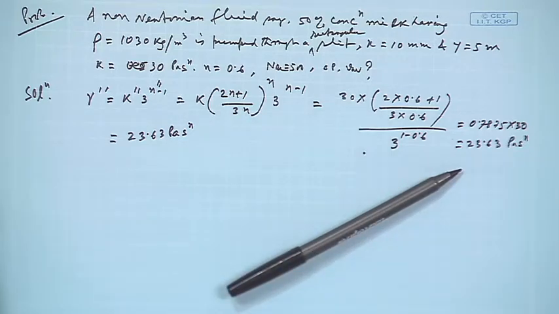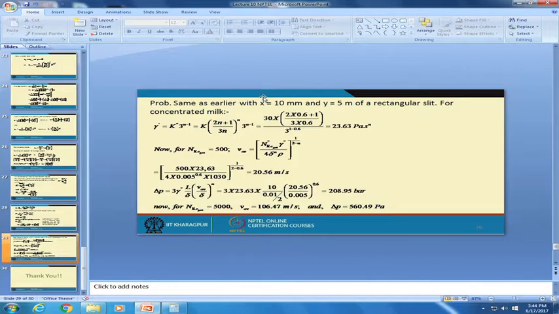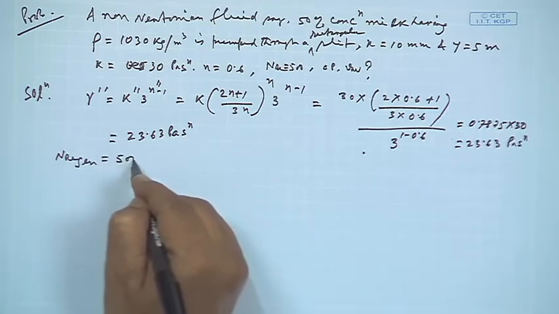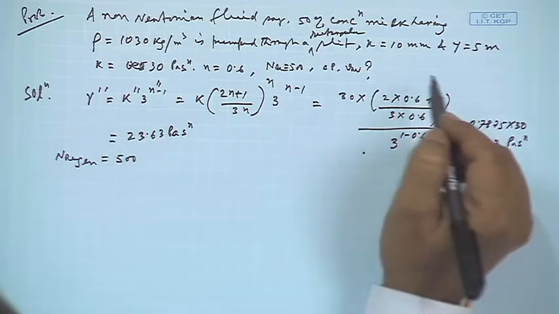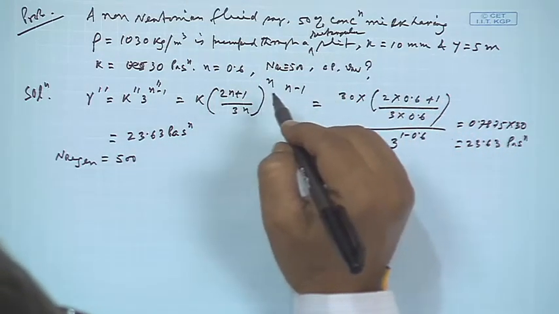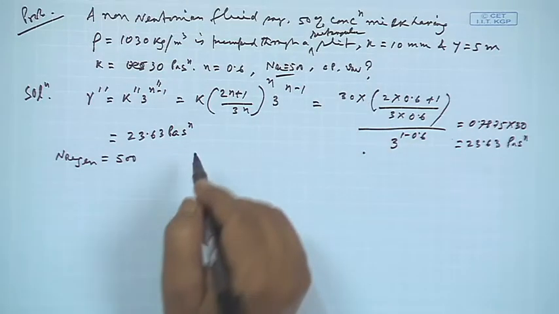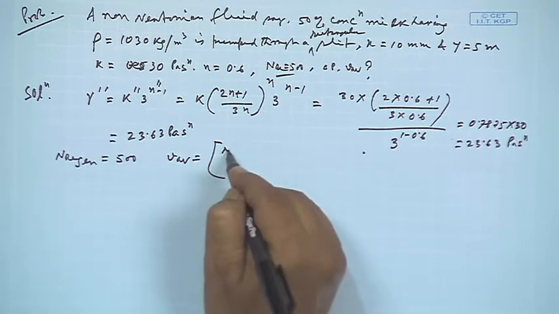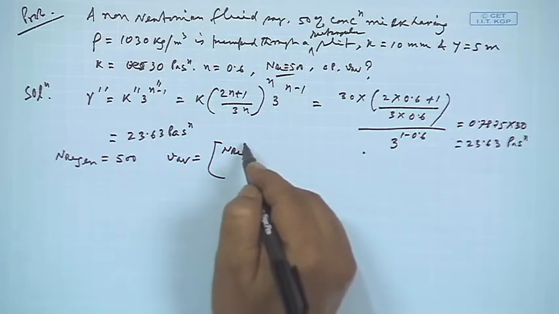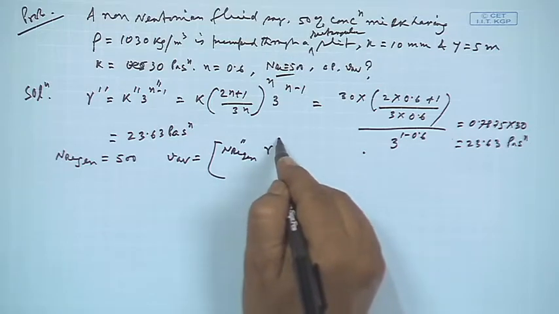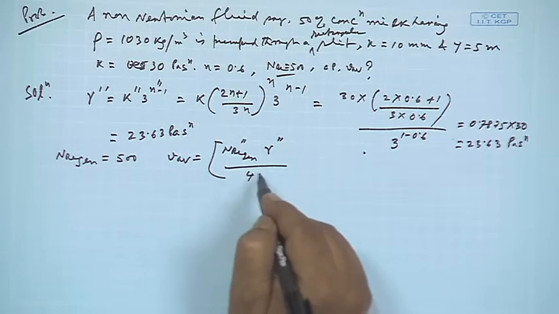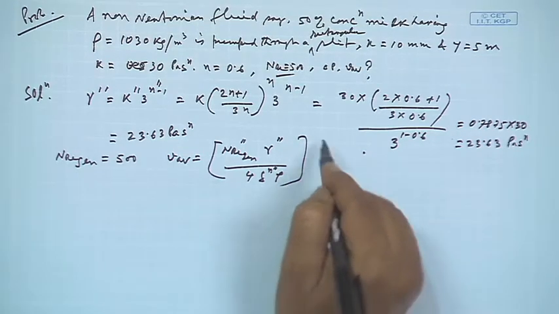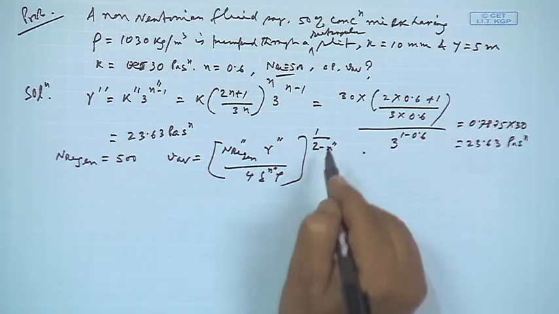Now, if gamma is that, then for NRE general, given as 500, we can write V average is equal to NRE general double prime gamma double prime by 4 del to the power n double prime rho to the power 1 by 2 minus n double prime.